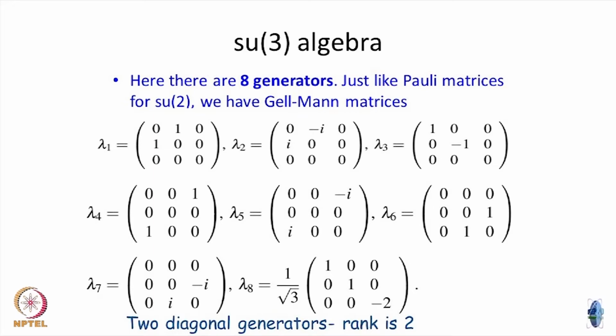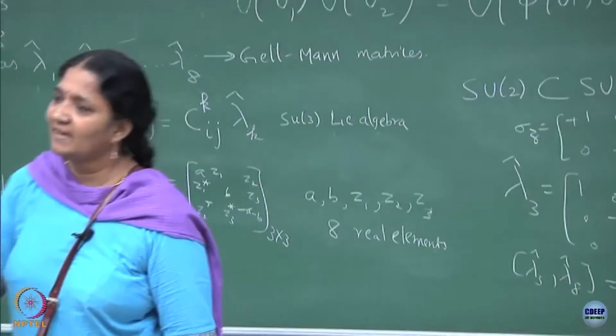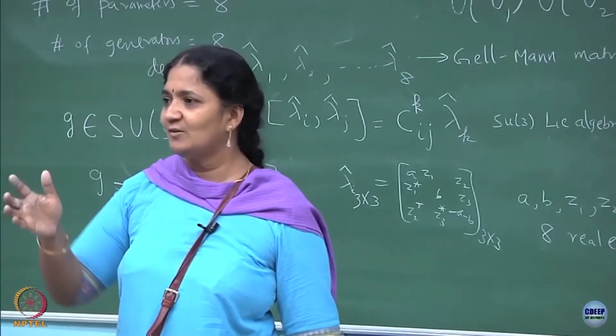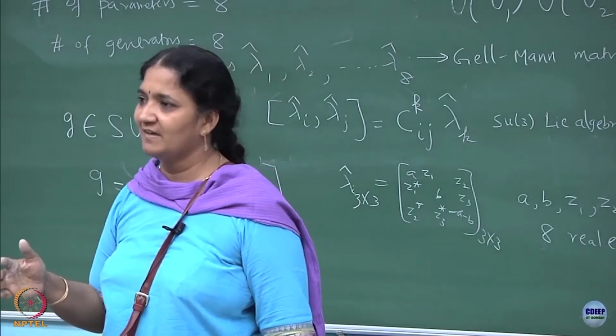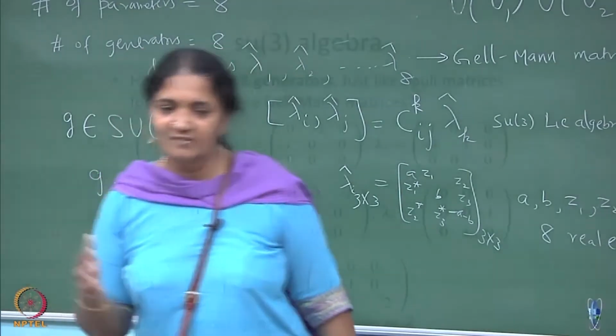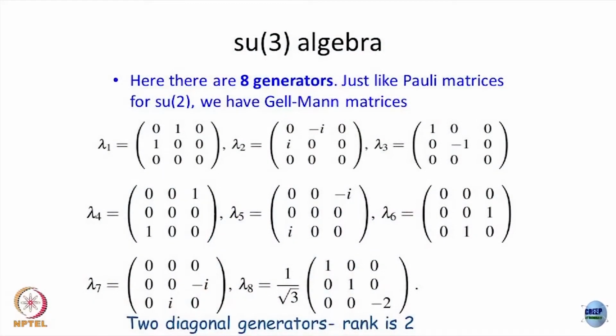Just like I wrote half h cross for the Pauli matrices, to take care that the experimental value of the Jz quantum number is half h cross or minus half h cross. Similarly, these coefficients come because of some experimental detail, but as of now, even if you keep them as some constant, these are the 8 matrices where lambda 8 and lambda 3 are diagonal matrices. So the rank of the SU3 algebra is 2.